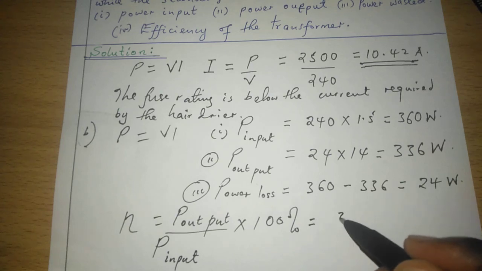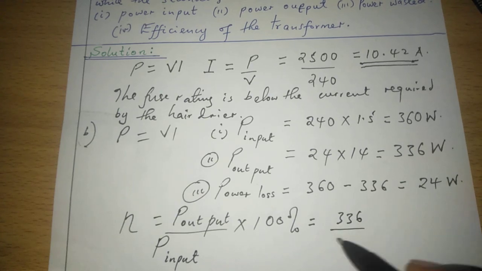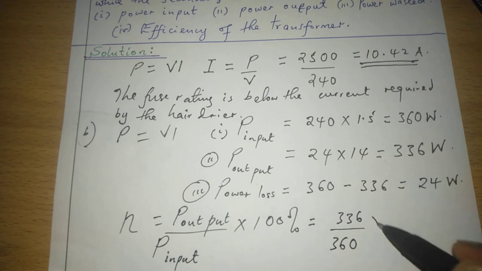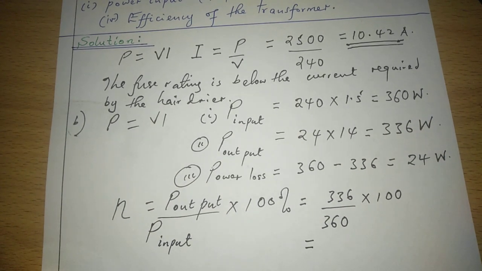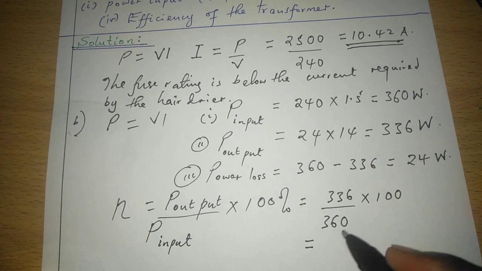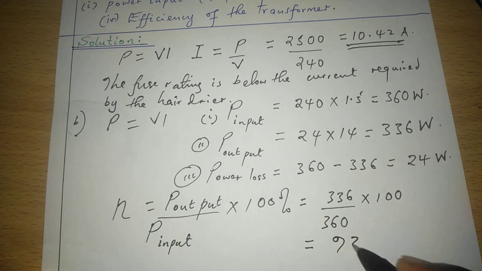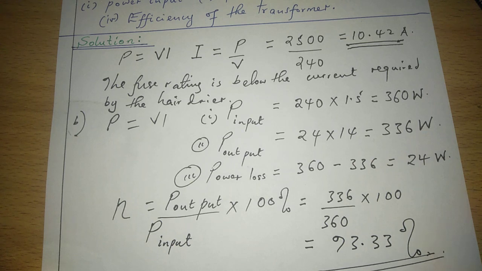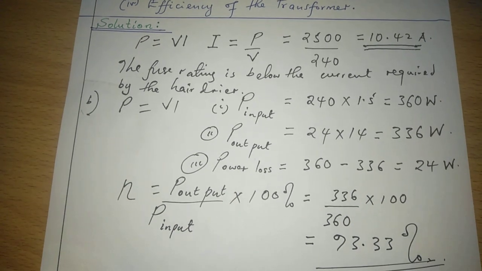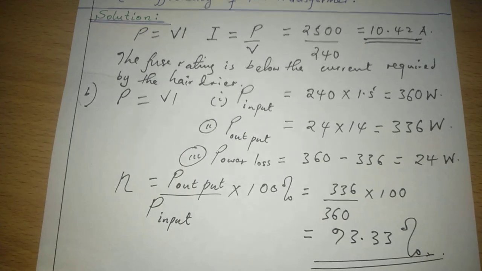Therefore, power output is 336 divided by 360, multiplied by 100, and we get 93.33%. So this is the percentage efficiency of this transformer.